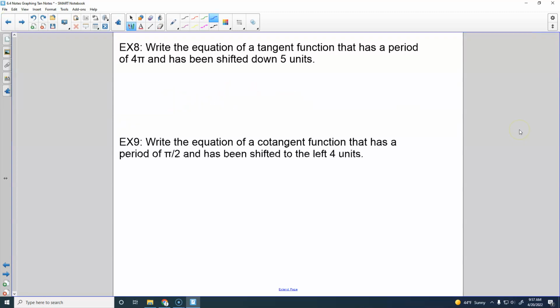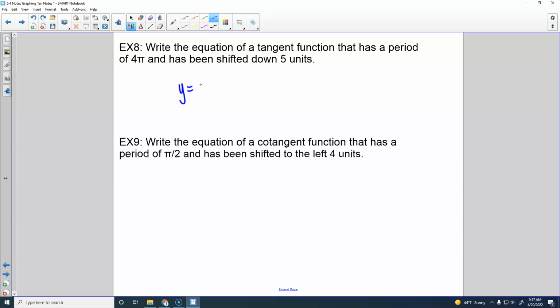So basically everything is going to work like it works with sine and cosine, except for tangent starts with that period of pi. So if I want to do number 8, it says write the equation of a tangent function that has a period of 4 pi and has been shifted down 5 units. So y would equal, I'm generally not going to give you amplitude on tangent because there's not like an amplitude that's easily quantifiable.